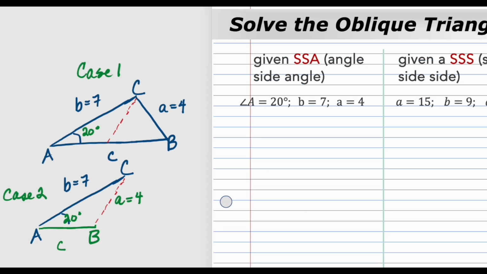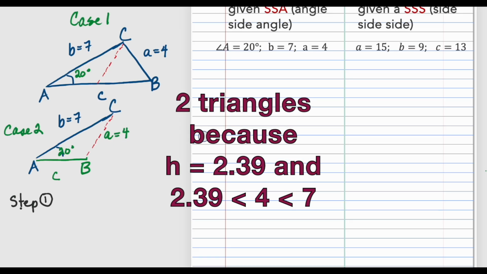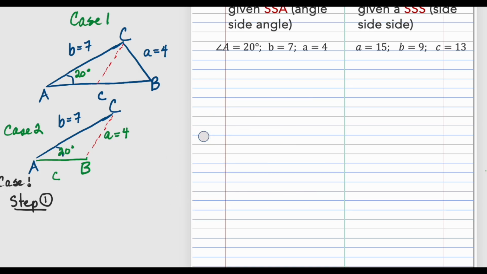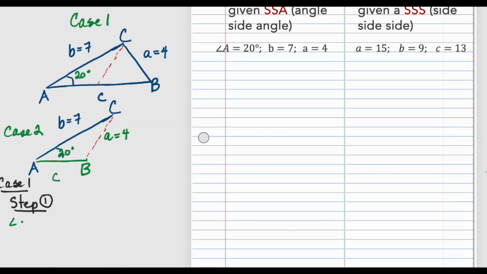Let's work out both cases and we'll compare the measurements. We're going to need a lot of space, so we'll start over here with step 1, case 1. We could find this angle and that angle and then the third side. That would work. We'll find out angle B in the first triangle.